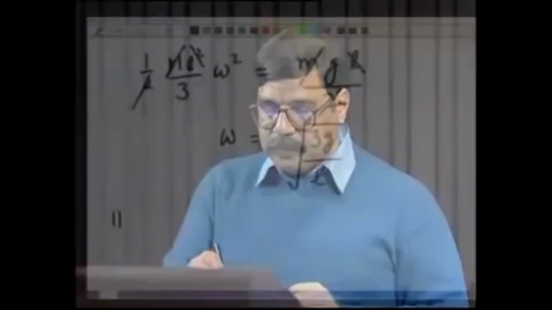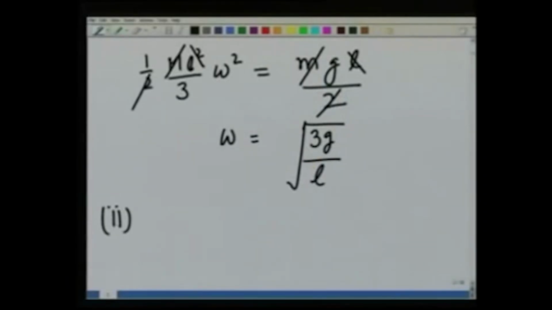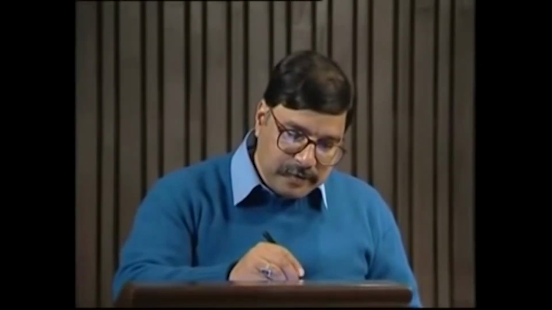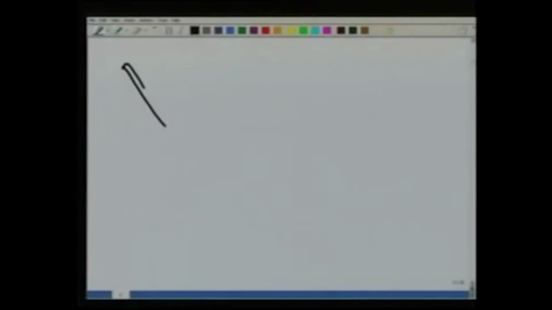Second way is by applying the equation that dL/dt is equal to external torque, and let us apply that. Let the position of the rod be at an angle phi from the horizontal.